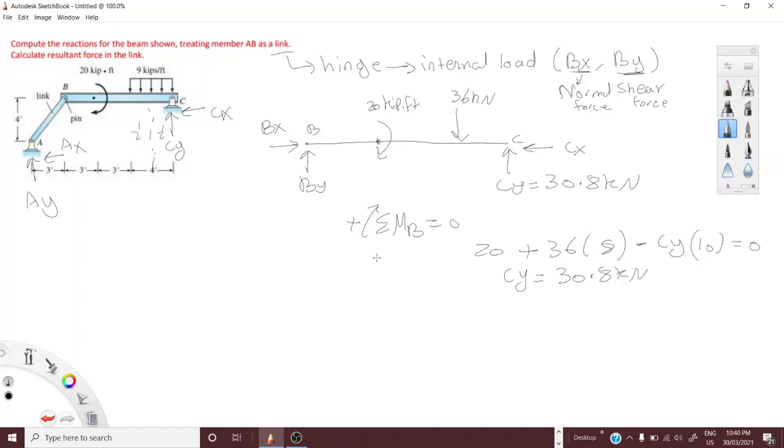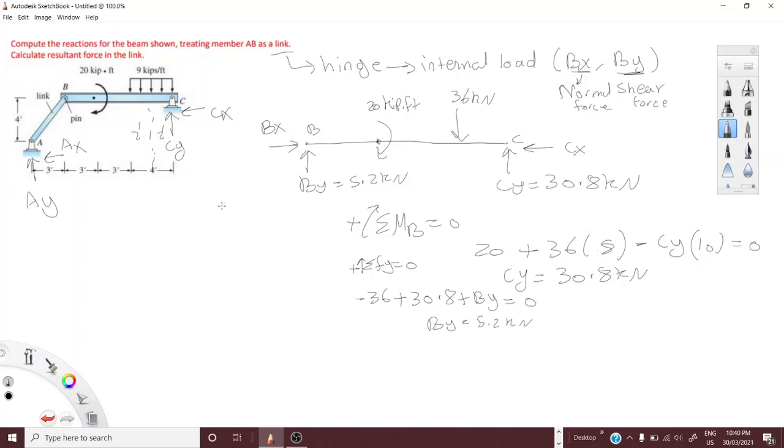Let's find the summation of forces in y equal to 0 in order to find By. You have minus 36, since it is down, plus 30.8, which is up, plus By equal to 0. So By is 5.2 kilonewton upward, so our assumption is right.